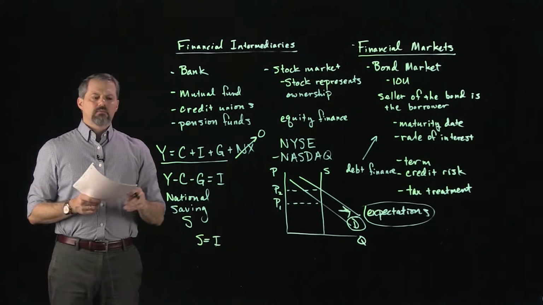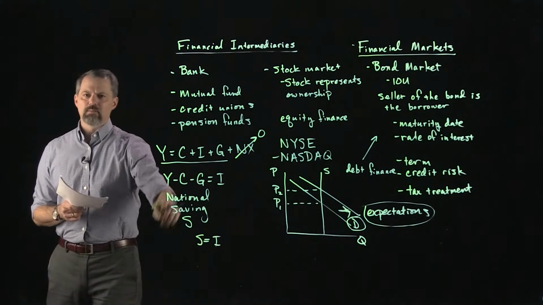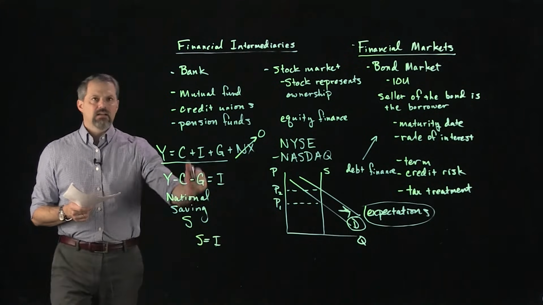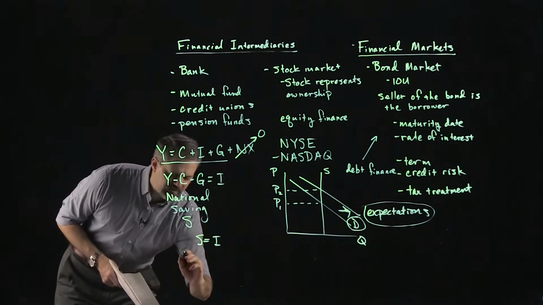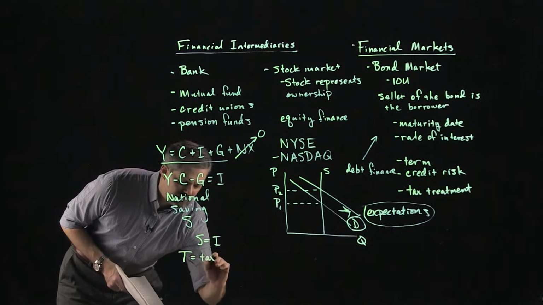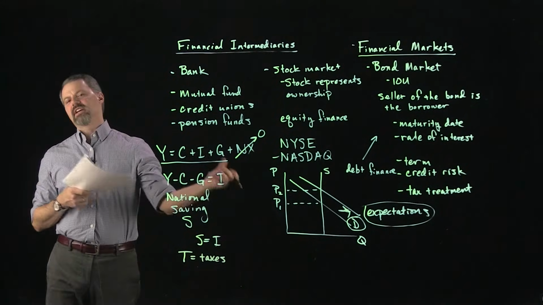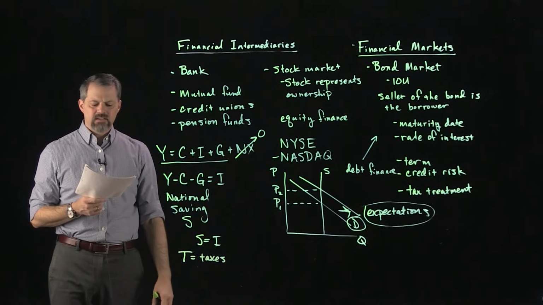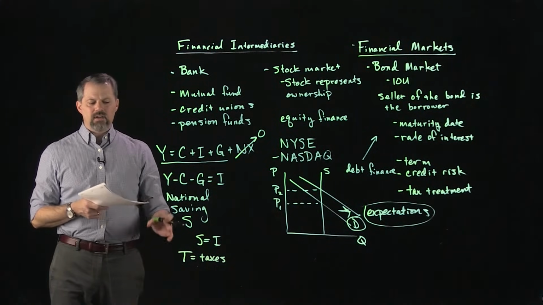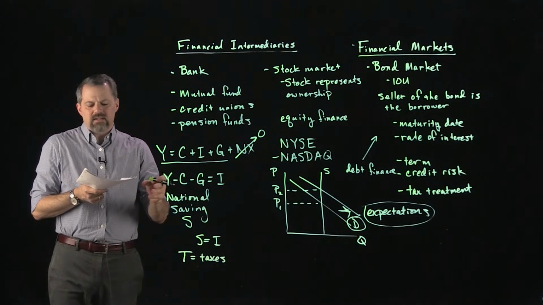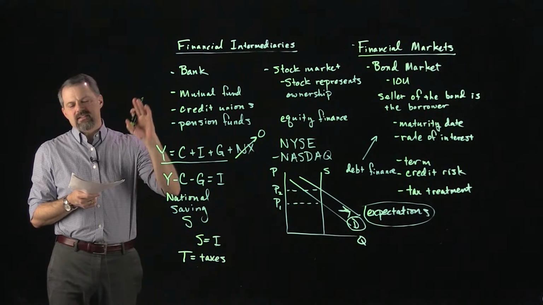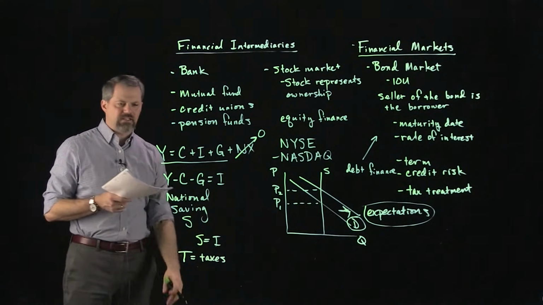Now let's play around with this a little bit more. Let's let T denote taxes. This is the amount that the government's going to collect in taxes. And we're going to think about that as tax collections minus the amount that they pay back to people in the form of transfer payments.